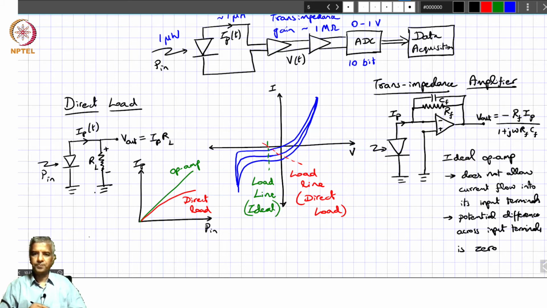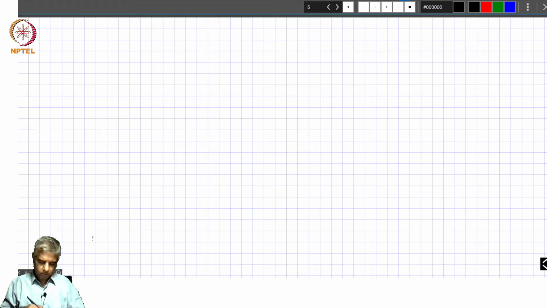So that's not anything different compared to what's happening with this transimpedance amplifier case. However, there is something else happening in a transimpedance amplifier which further constricts the bandwidth. So what is that? Let's look at this in a little more detail.